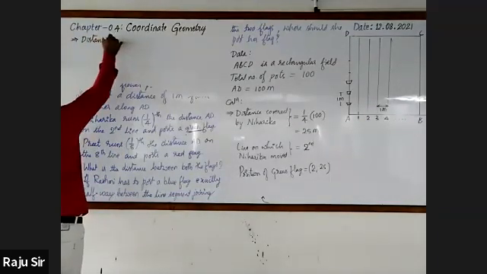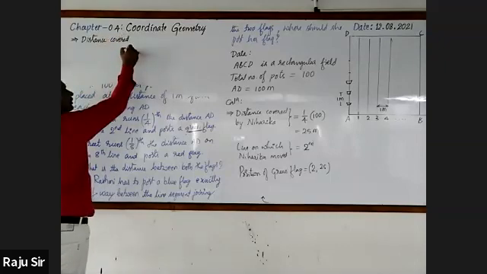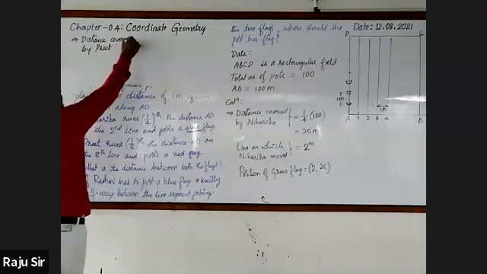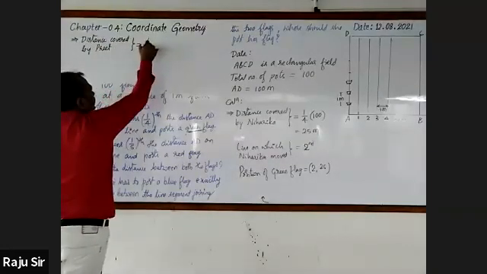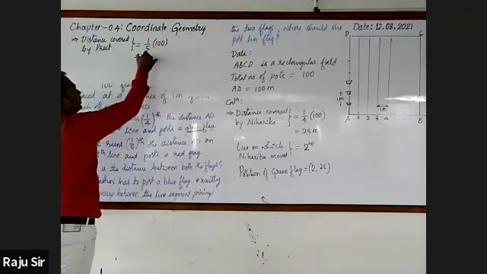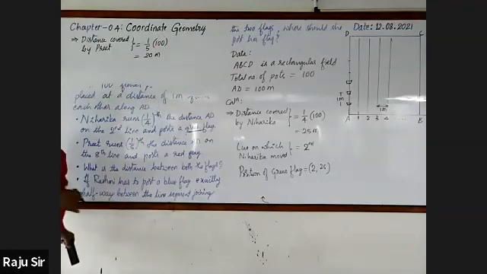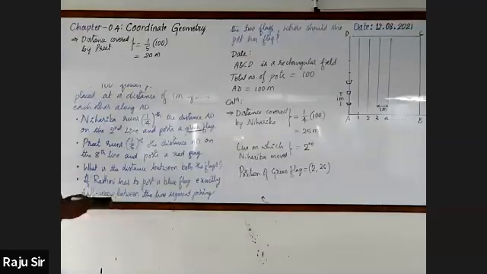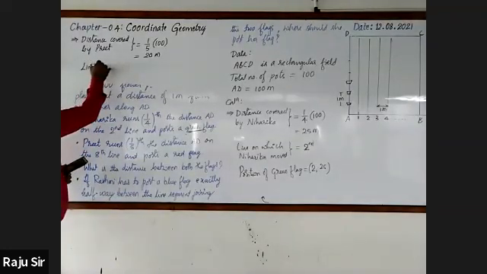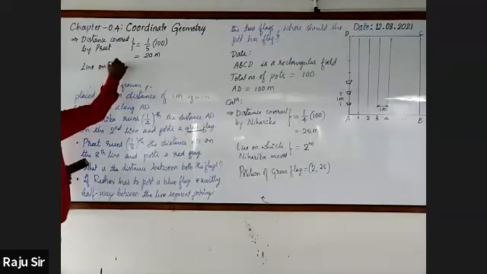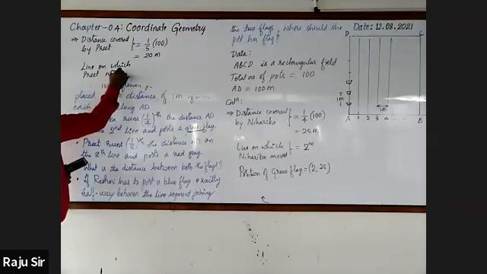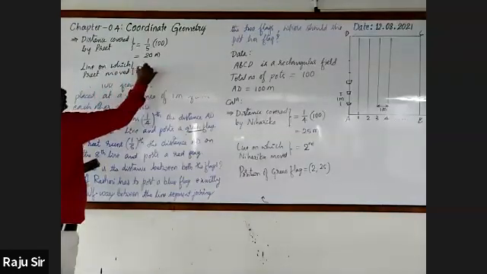Distance covered by Preet is equal to 1/5 of 100 meter, nothing but it is 20 meter. On which line has he moved? Eighth line. Line on which Preet moved is the 8th line.